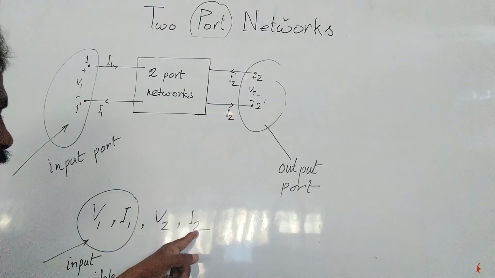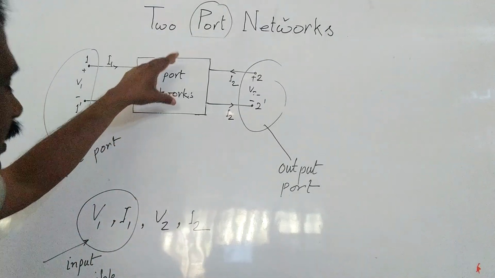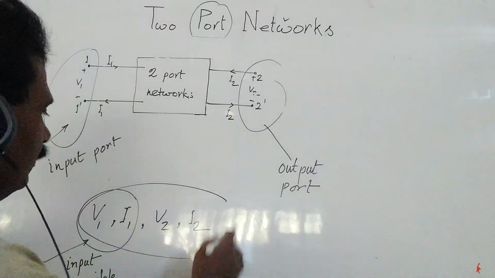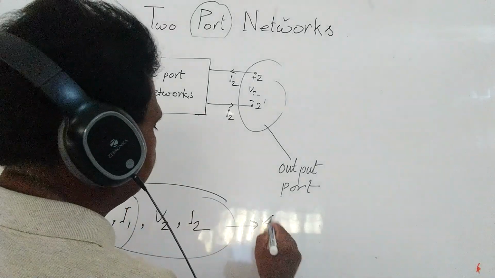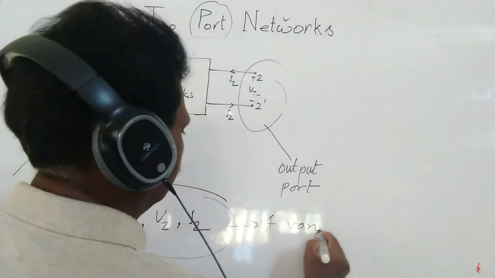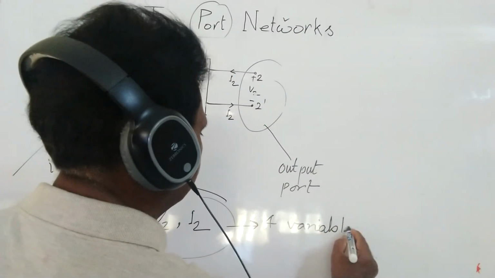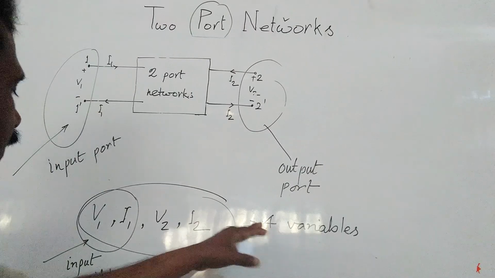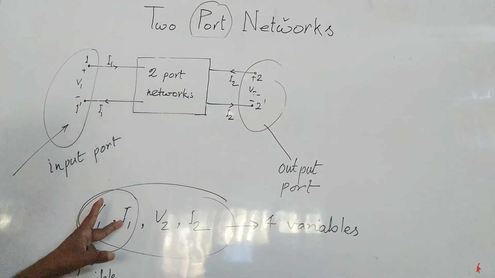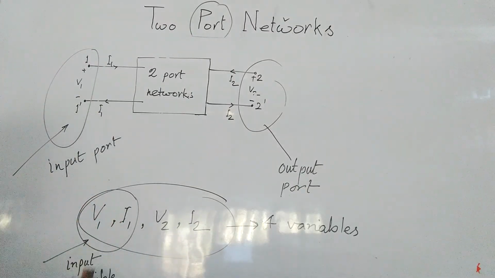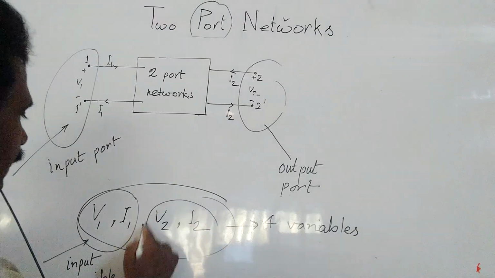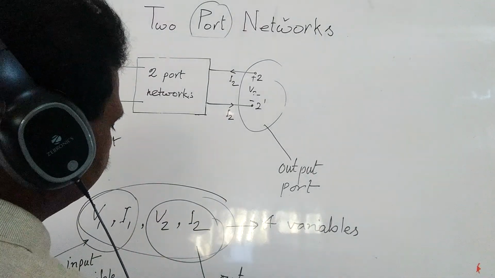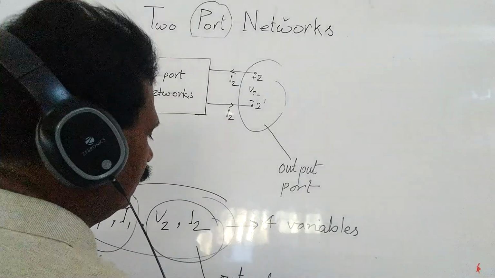Of these 4 variables, V1 and I1 are known as input variables, whereas V2 and I2 are known as output variables.